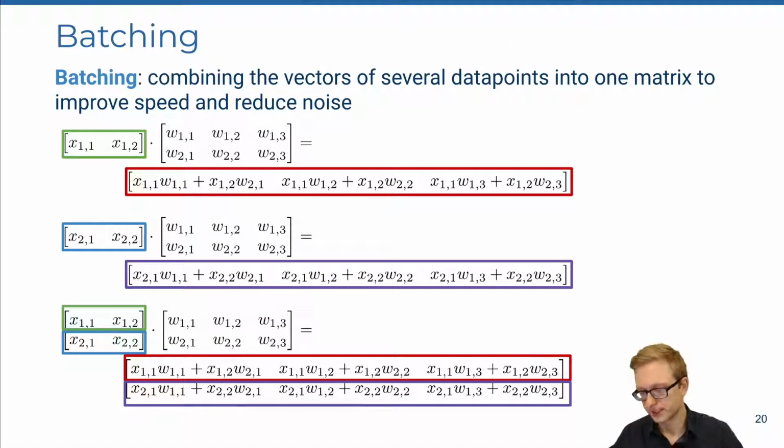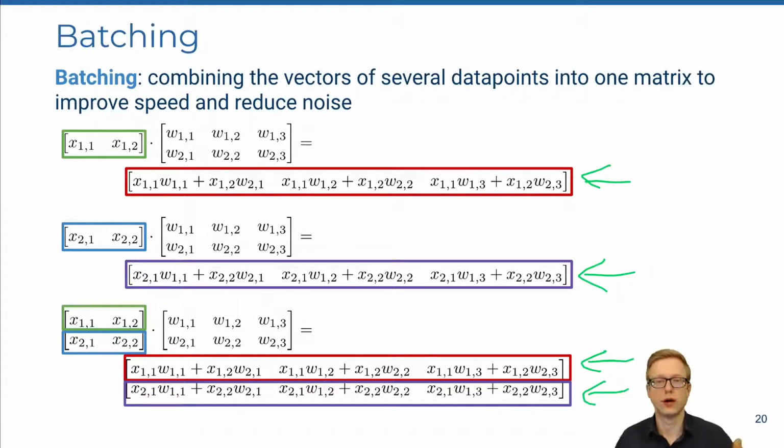Now, you can see that the outputs that we got when we were doing it for each input vector independently are the same as the outputs that we get when we batch our inputs together and do it at the same time. And this applies to all the main neural network operations, so adding, subtracting, doing element-wise multiplication, matrix multiplication, also applying activation functions.